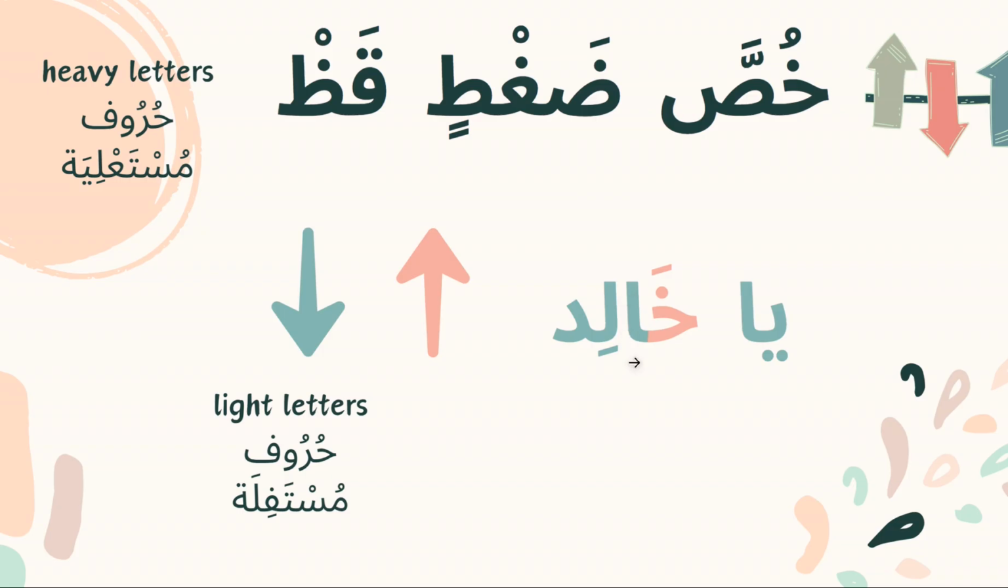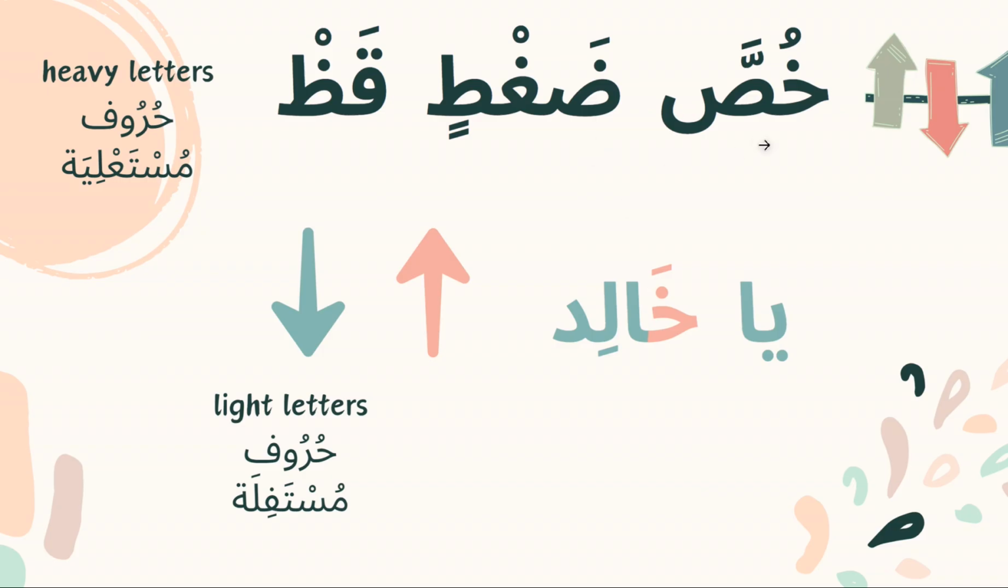But here, for example, the alif, those of you who took Tajweed with me, who took the letters, and we took the letter alif in details, we knew that the alif is a follower, okay? So it follows the letter that precedes it. So if it's a heavy letter, then the alif is going to be pronounced heavy. If it's a light letter, the alif is going to be pronounced light. And we cannot say that the alif is a heavy letter in itself, because it's always a follower, depending on the letter that is coming before it, okay?